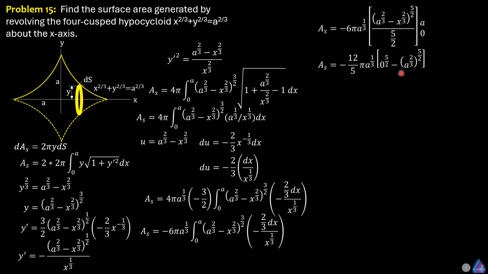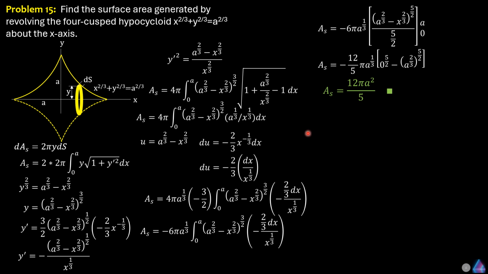So this is negative a to the 5/3, negative a to the 5/3 times negative 12 over 5 pi a to the 1/3. That would be positive 12 pi a square. So area S is 12 pi a square over 5. So that's the surface area when this hypocycloid is revolved about the x-axis.